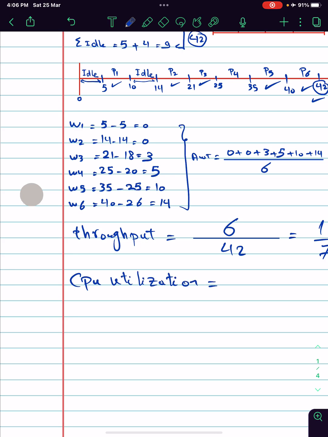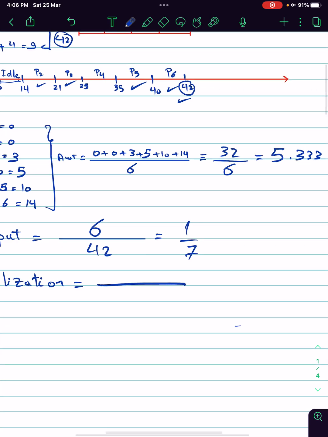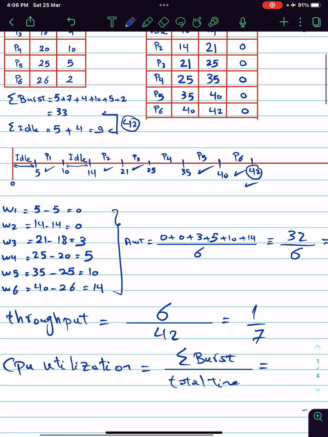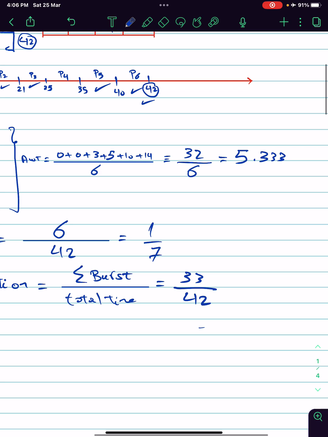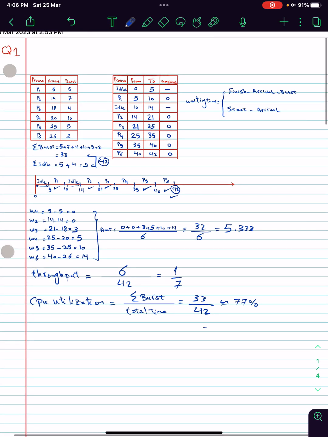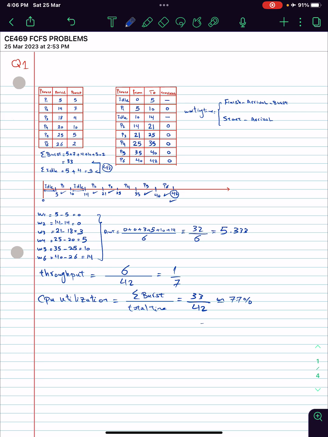CPU utilization is sigma burst divided by the total time. We already calculated the burst before, so that would be 33 divided by 42. Okay, around 76 point something, almost 77%. Okay, so that's how you solve this problem.